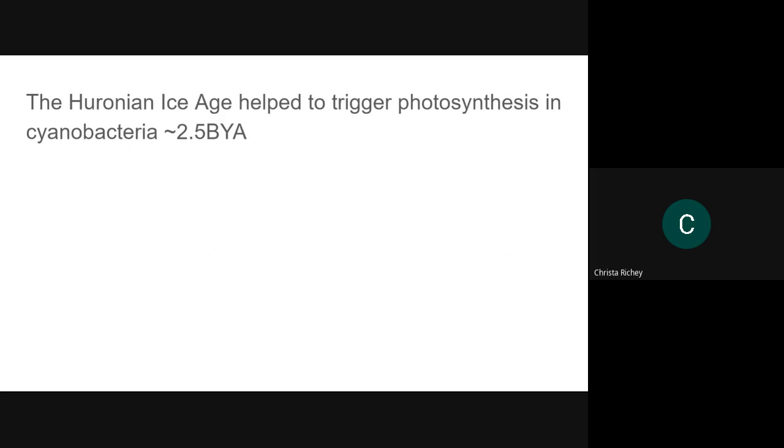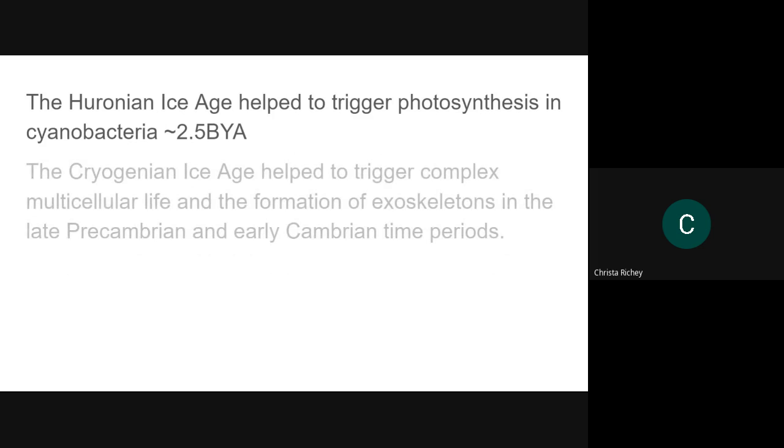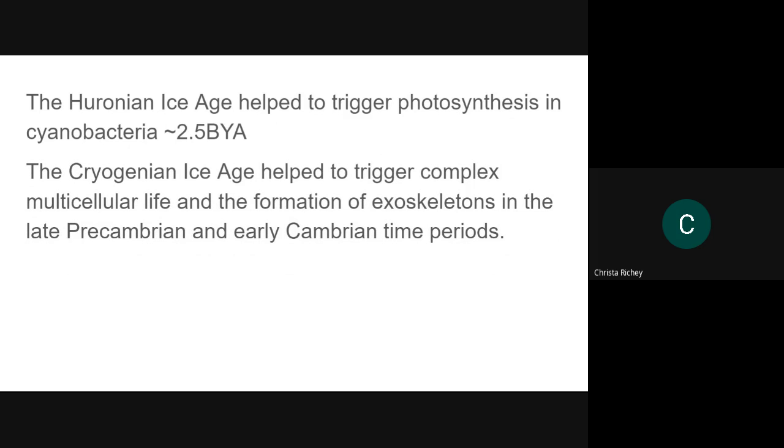All right, the ice ages. Ice ages sort of amplify evolutionary advances. The Huronian one, okay, the oldest one that we have record of from about 2.5 billion years ago, it's not the only reason why it happened, but it triggered photosynthesis in cyanobacteria.